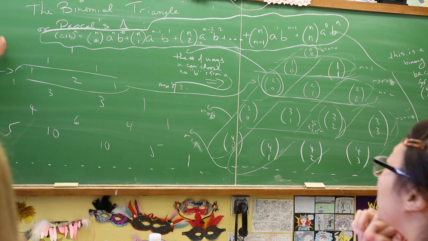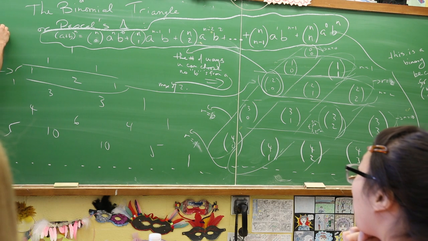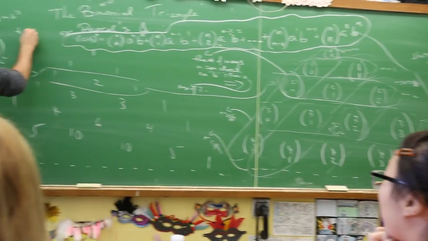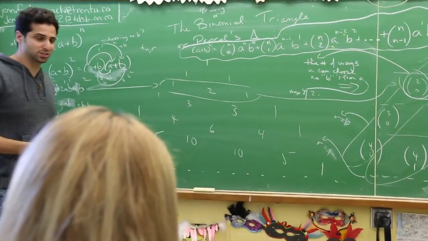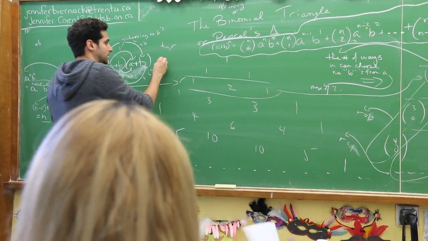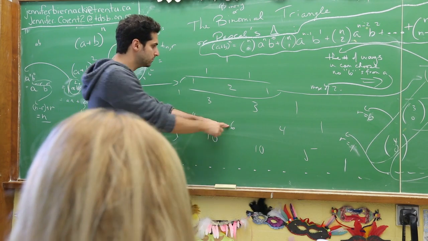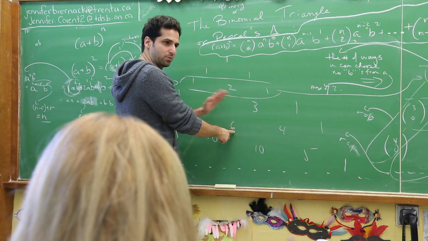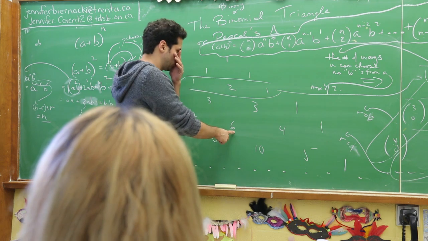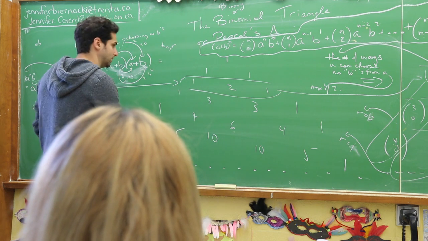So more generally, you can say anything in the triangle, T n,r, is going to equal the sum of the two numbers above it on either side. Right? So you have to think along these diagonals now.